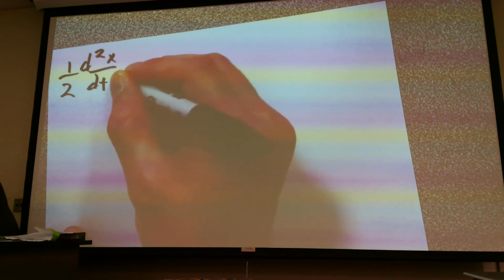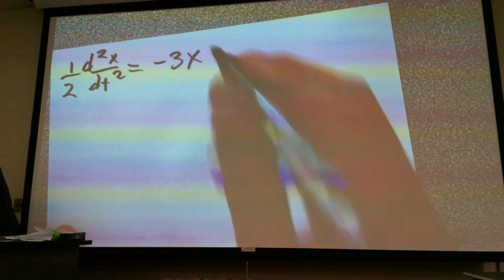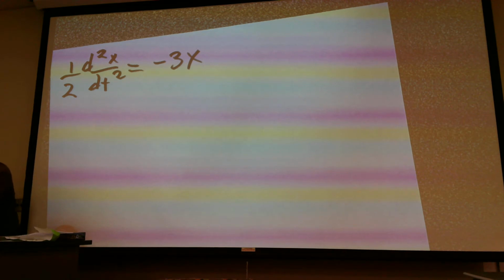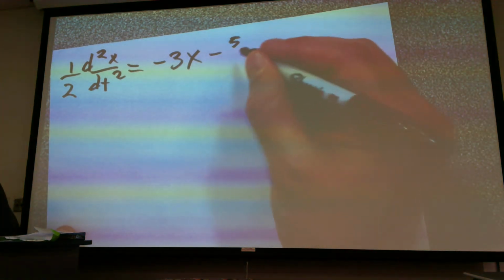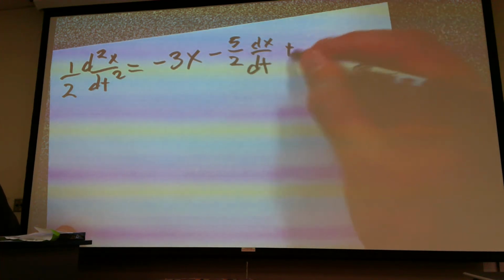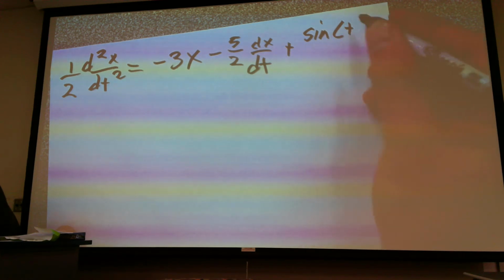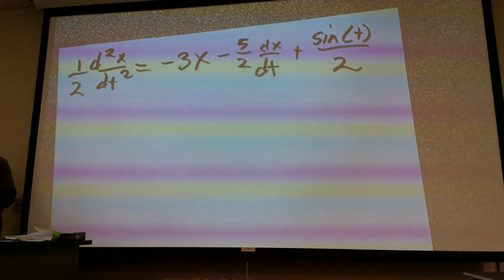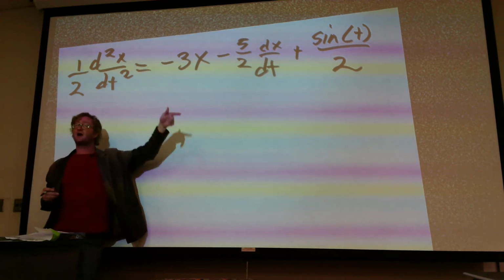So this is 1/2 times the second derivative of x, and my K was 3, so that's equal to negative 3x, and then my beta was 5 over 2, so minus 5 over 2 dx/dt, and then plus sine of t divided by 2. So that's m, k, beta, and the external force.